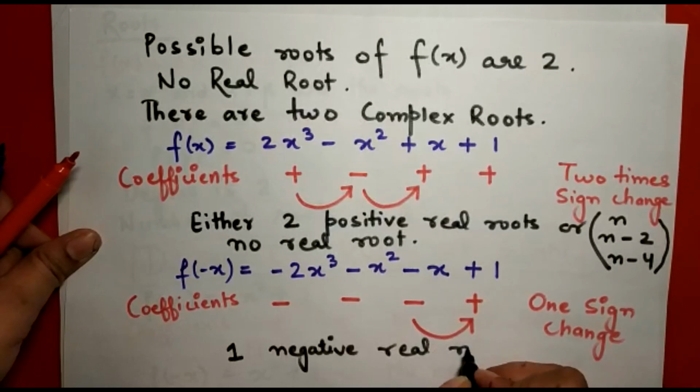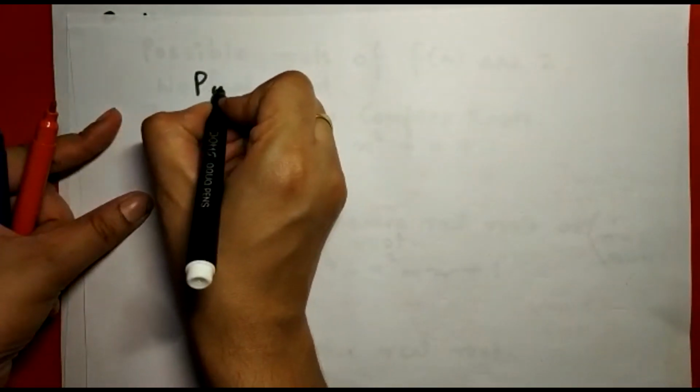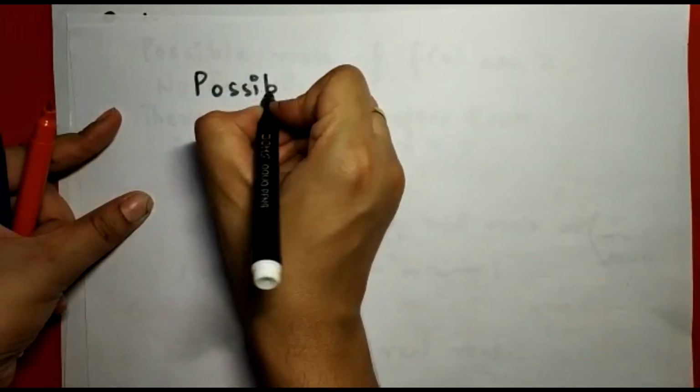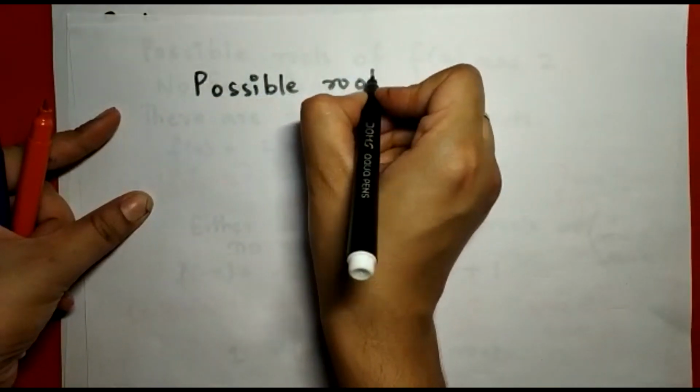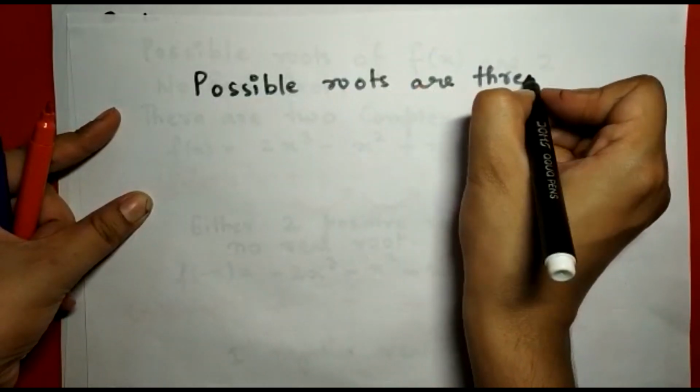Now please tell me how many roots are possible for this polynomial. Obviously, as you can see, the degree is 3, so the possible roots are definitely 3.